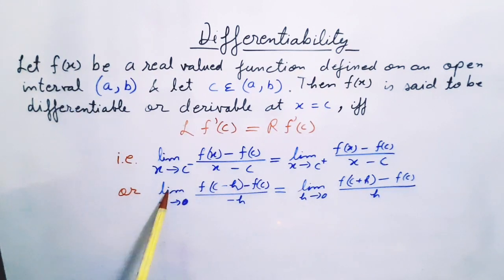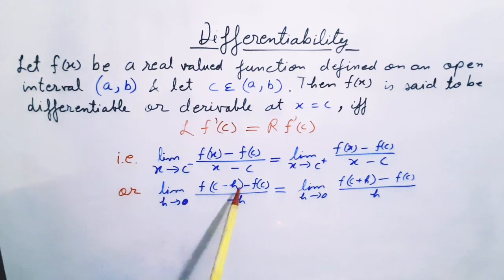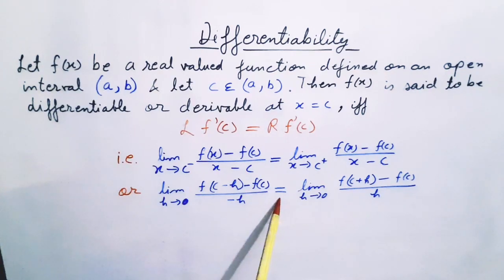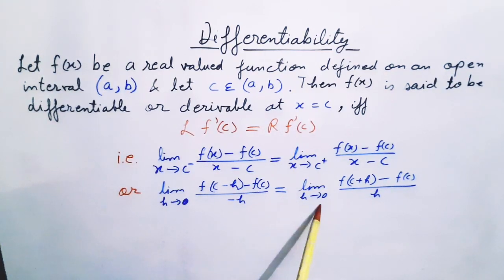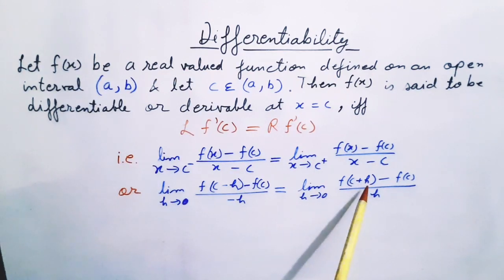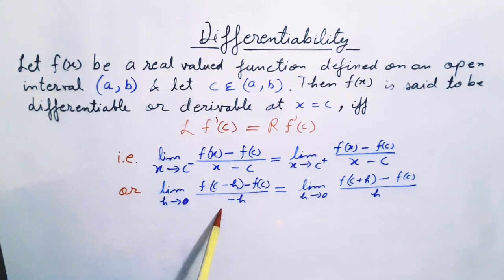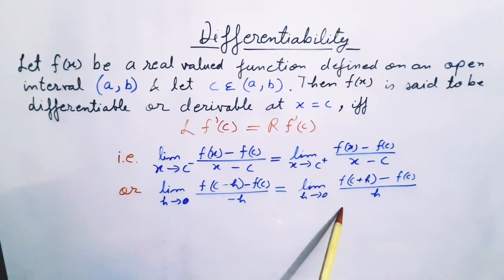Or we can say that limit h tends to 0 [f(c minus h) minus f(c)] upon minus h, that is, the left hand derivative, must be equal to limit h tends to 0 [f(c plus h) minus f(c)] upon h, that is the right hand derivative. So when the left hand derivative and right hand derivative of a function at a given point are equal, then we can say that the function is differentiable at that point.